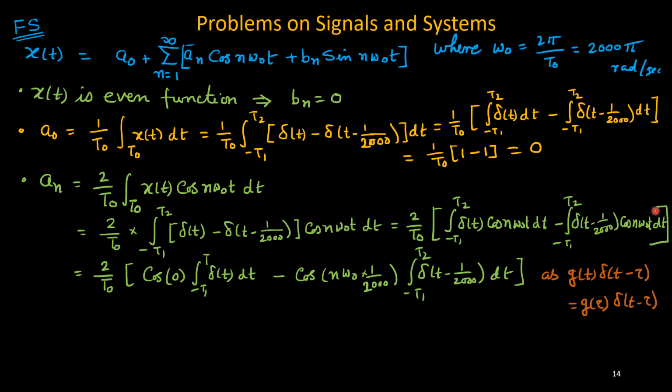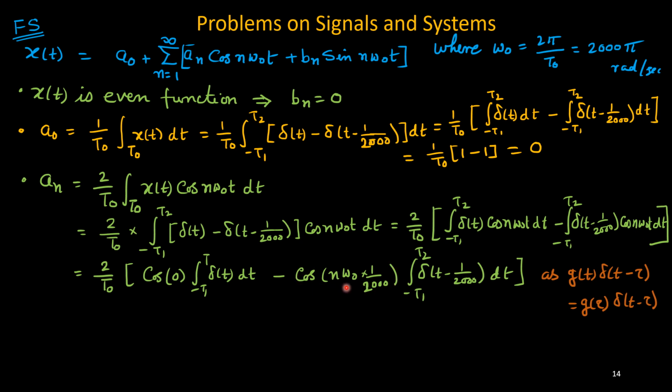Next term, this one. Again it's a product, but this function is located at t equal to 1 upon 200. So τ is here 1 upon 200. Thus here it is cos(nω₀t). I replace t by 1 upon 200, so it will become cos(nω₀/200), and that term is independent of t, so it will come outside.